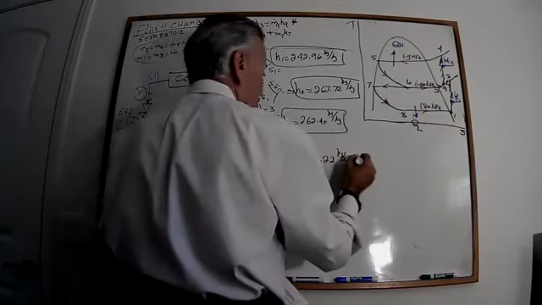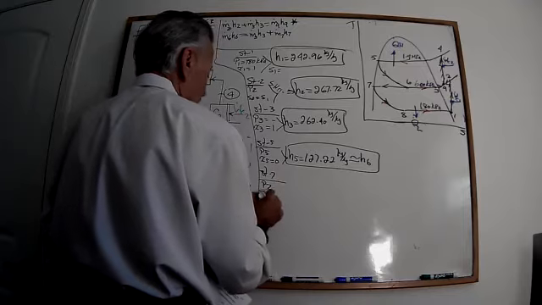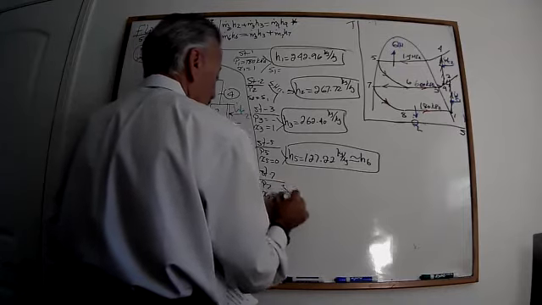Now that I have H6, let's do the H7 and H8. At state 7, I have P7 and X7 being equal to 0.